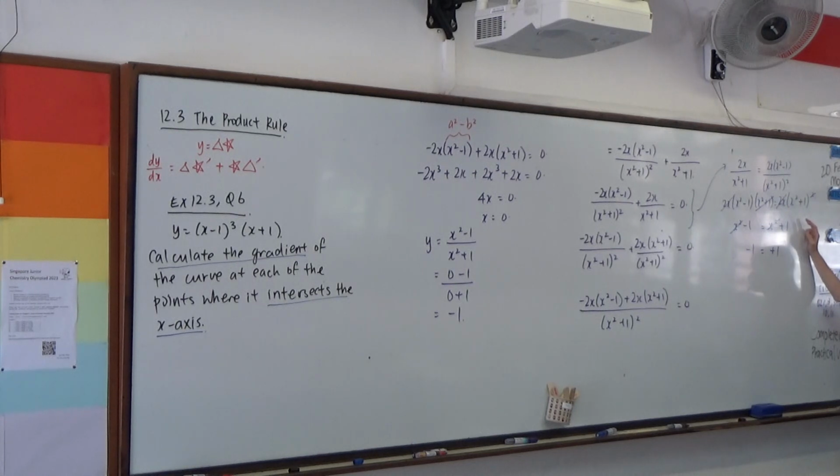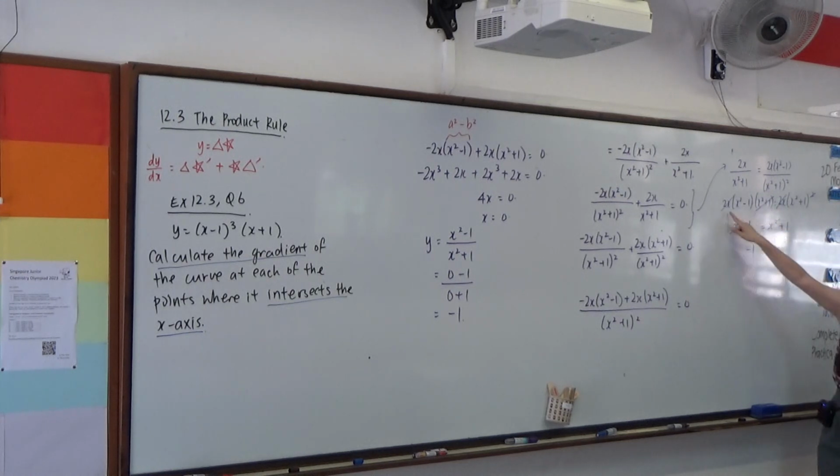That's why we cannot cancel away unknowns. I cannot cancel away unknowns like this. 2x and 2x I cannot cancel. If it's just a value 2 and 2, I can cancel. But 2x and 2x I cannot cancel. You understand what I'm saying? Because x can be equal to 0 or the thing itself can be equal to 0.